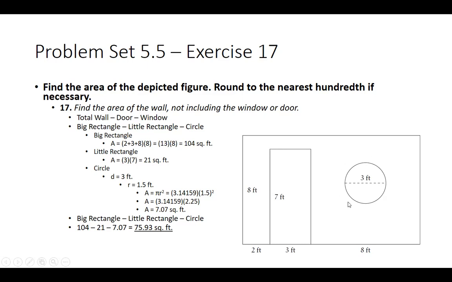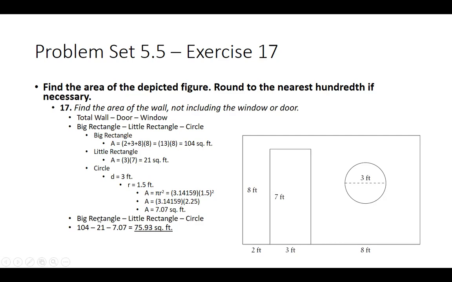And then for the circle, we're given the diameter. We need the radius, which is half of the diameter. Half of 3 feet would be 1.5 feet. Plugging that into the area formula, pi times the radius squared, we would have 3.14159 times the square of 1.5. 1.5 squared is 2.25 times 3.14159 gives us 7.07 square feet for the area of the circle.